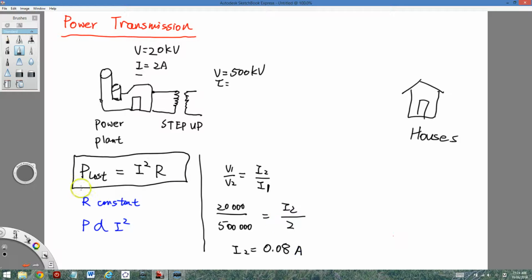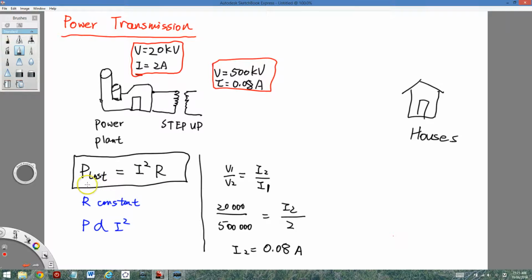Just be careful with this. The reason we use transformers to step up the voltage is because we need a decrease in current.